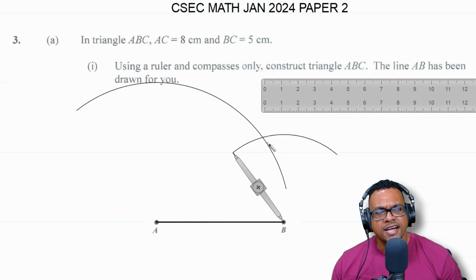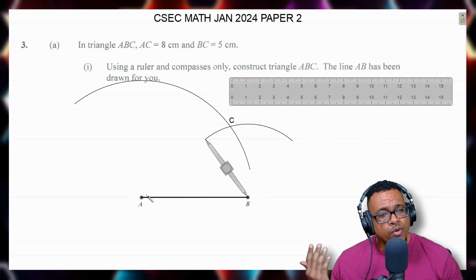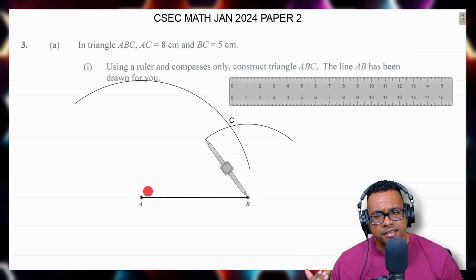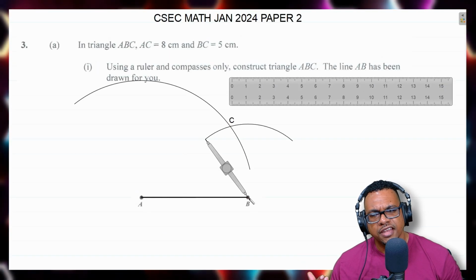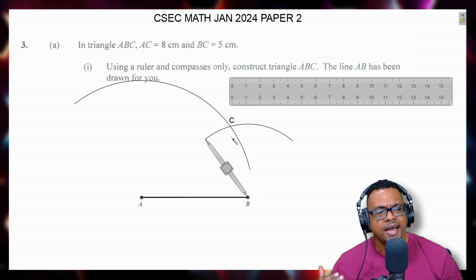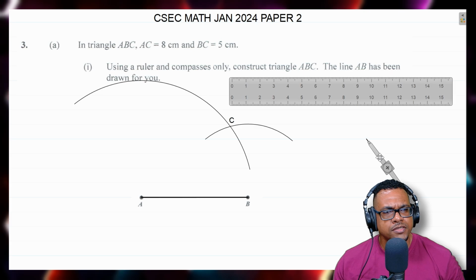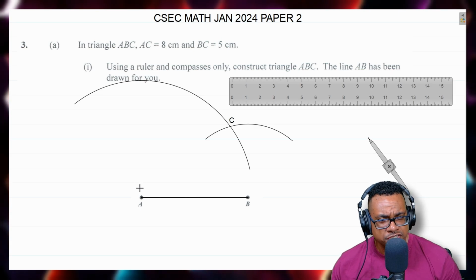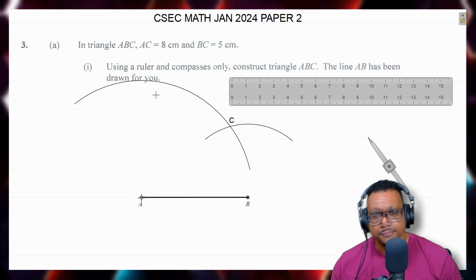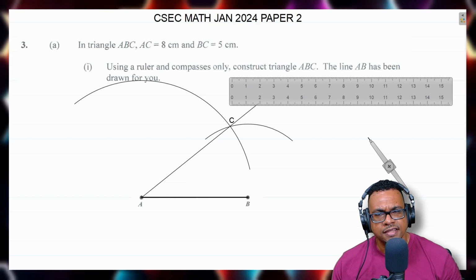Now, the point where these two arcs intersect would be the point C. So now, all I have to do is draw a straight line from A and connect it to C, and draw a straight line from B and connect it to C, and that will be my triangle ABC. I'll move my compass, and of course, while I'm constructing, I'm using light lines. So I can just draw a straight line through C, like that.